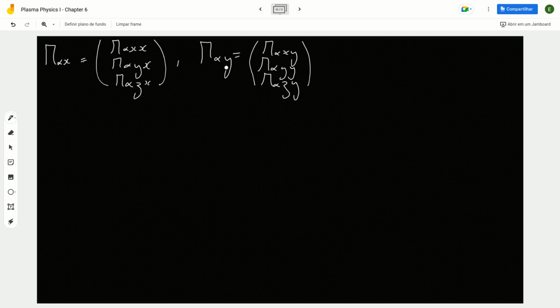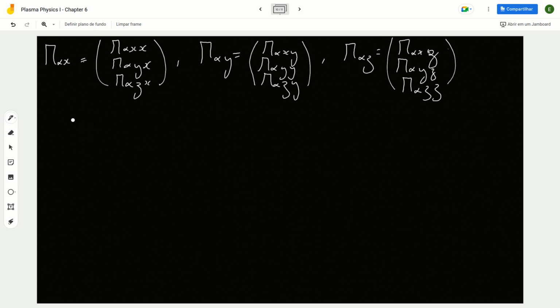Don't be confused with the notation. Here it's alpha y, but in the individual components of this vector, the index comes in the middle, not at the end. This may be confusing, but remember, the final one indicates the normal direction, normal to the plane you're computing it. And the same for the z direction: alpha xz, alpha yz, alpha zz.